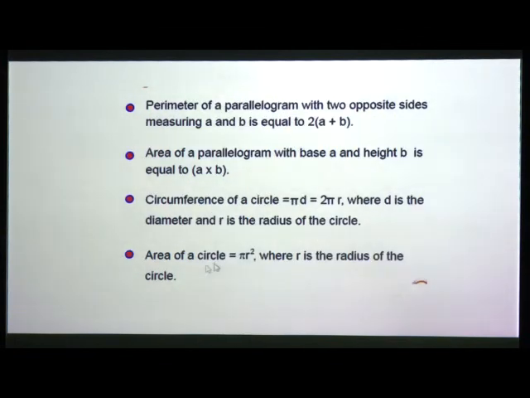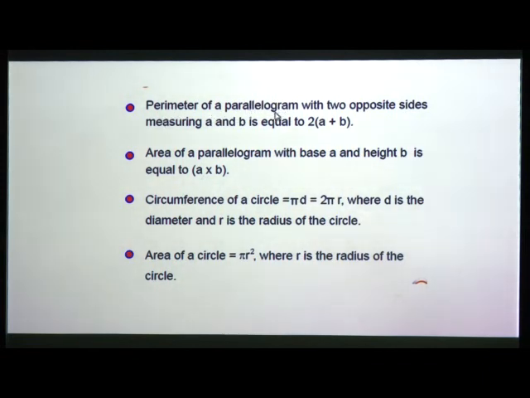Now, perimeter of a parallelogram. The perimeter of a parallelogram with 2 opposite sides measuring A and B is equal to 2 inside the bracket A plus B. I will explain the perimeter of a parallelogram.